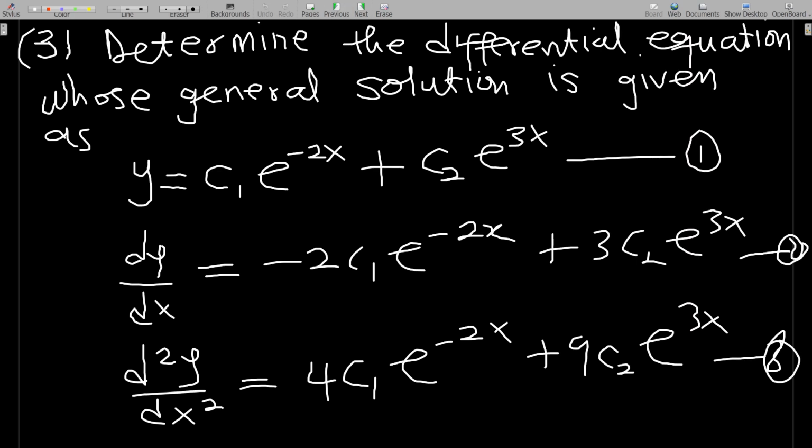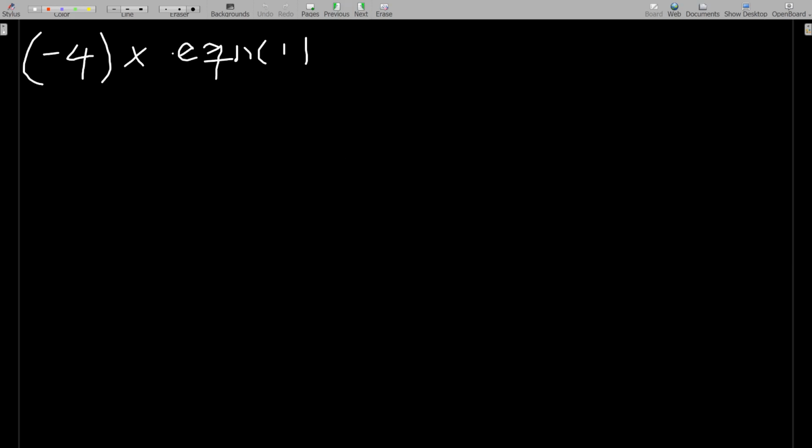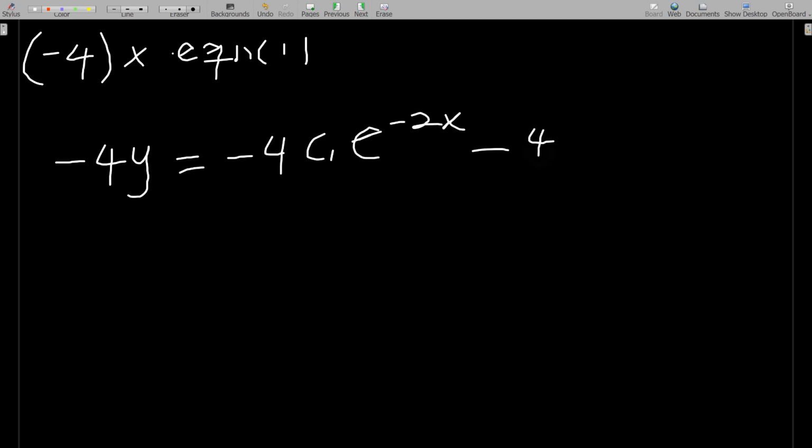So you come to equation 1, the general solution. You multiply negative 4 throughout, and you have negative 4y being equal to negative 4c1 e to the negative 2x minus 4c2 e to the 3x, right?